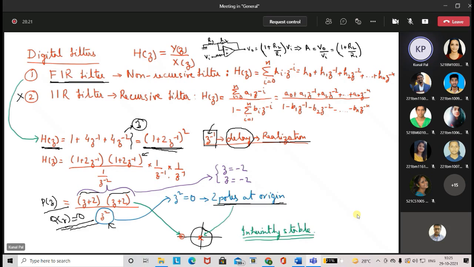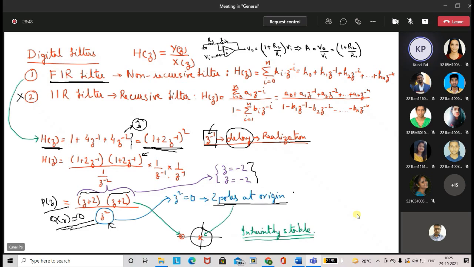Okay, we get two poles at the origin. Whereas if you look into the numerator and equate P(z) equals 0, we get two zeros at minus 2. Now, what is the takeout from here?